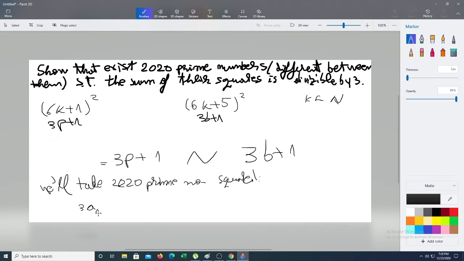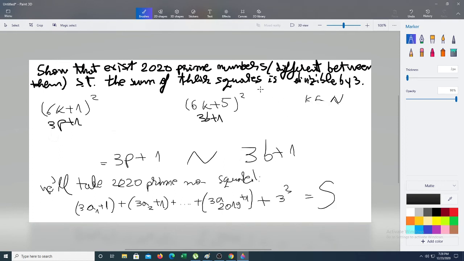Let's say that we have the first squared prime number, 3a1 plus 1, is already a squared number because we have to substitute the letters p or b or a1 or I don't know what letter you want, plus the second squared prime number, 3a2 plus 1 plus dot dot dot plus 3a2019 plus 1 plus another squared prime number 3 to the 2, which is equal to s. Okay, the sum.